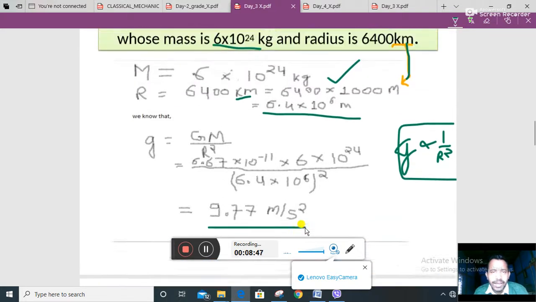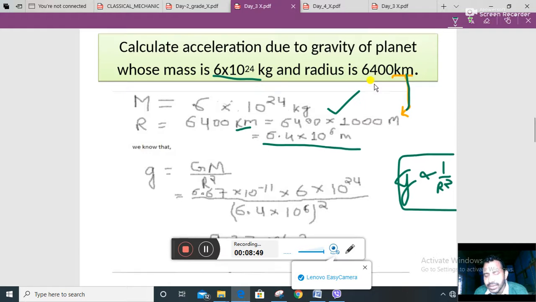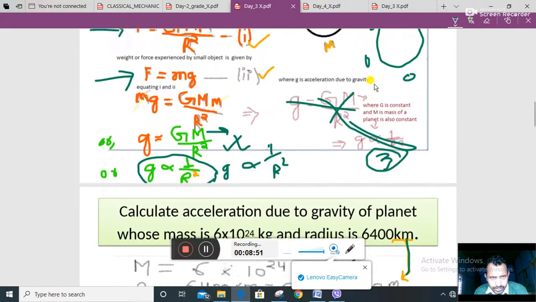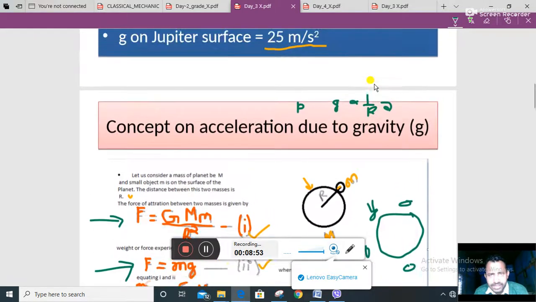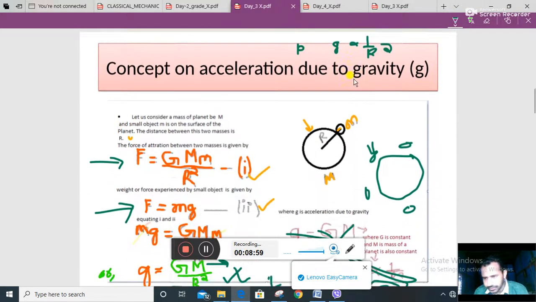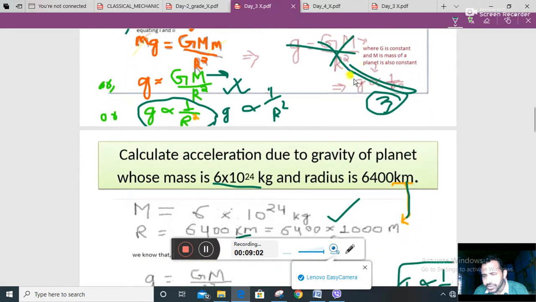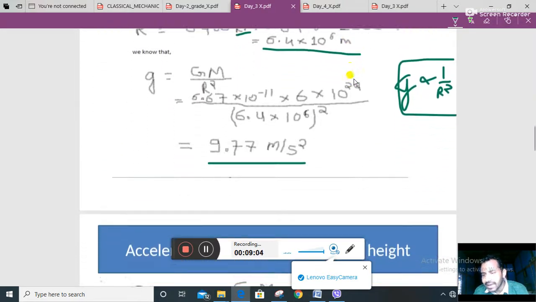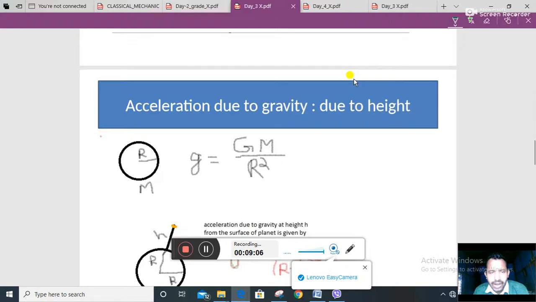Similarly, if you put in the mass of the moon and its radius, you will get 1.67 for the moon, and similarly for Jupiter 25 meter per second square. Jupiter has a large mass and its radius is also larger.